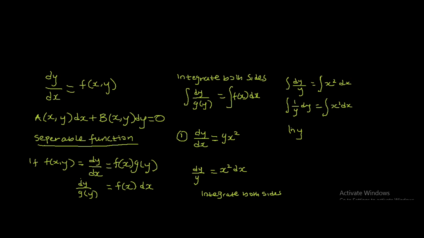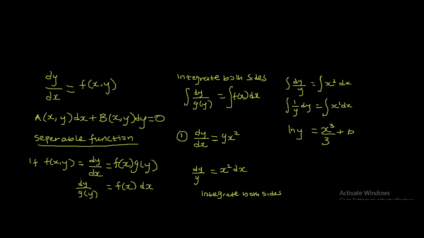This side will have x cubed over 3 plus our constant. A constant can be any letter. It's not compulsory to use c. So here I want to use b as my own constant. Okay, I've gotten this.